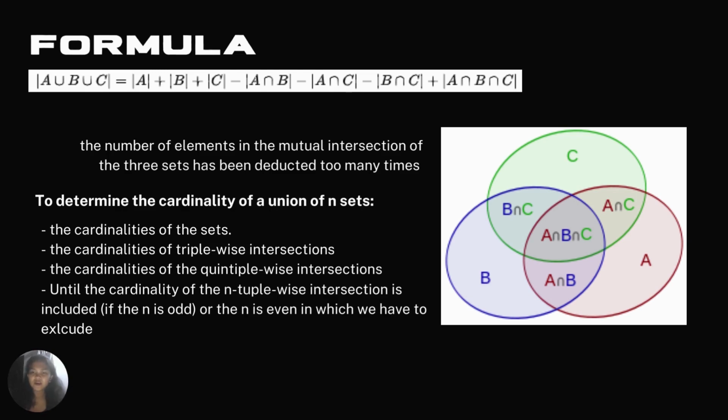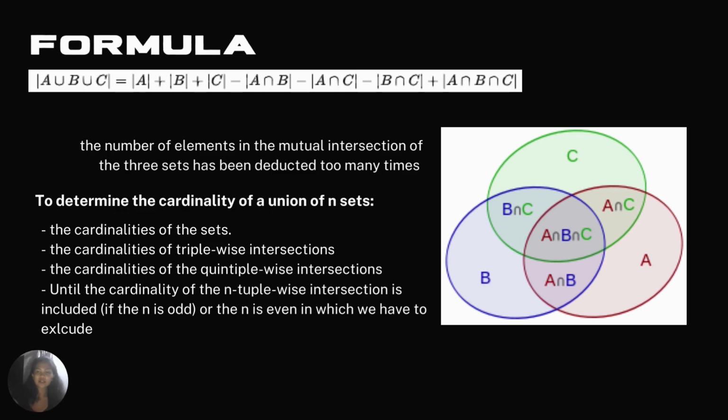Generalizing these outcomes yields the inclusion-exclusion principle to determine the cardinality of a union of n sets.